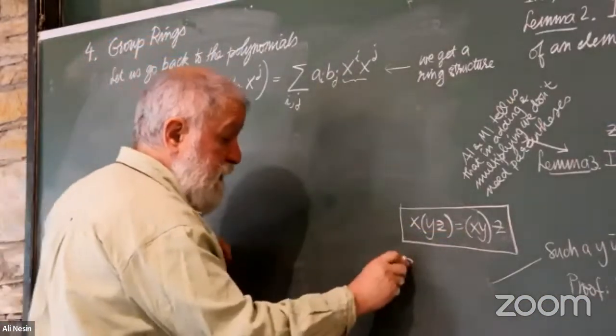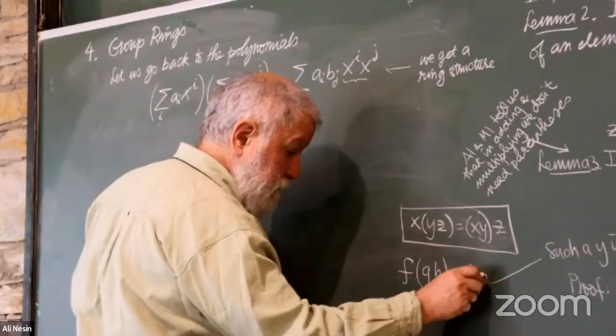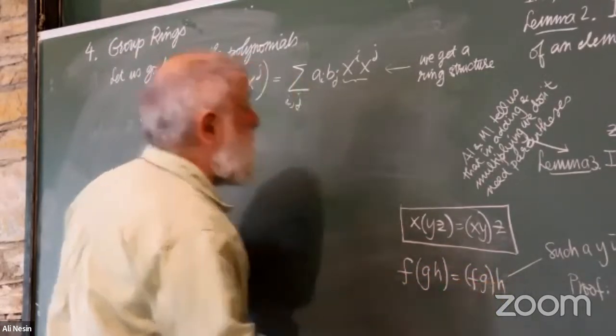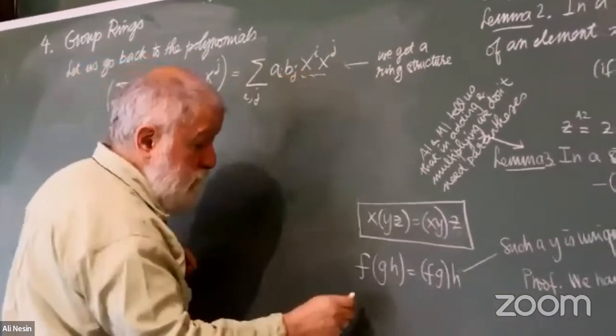Well, if you have f, g, and h, in polynomials we have this equality because we have this kind of equality at this level.